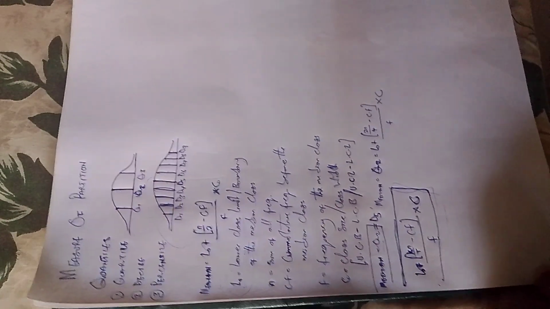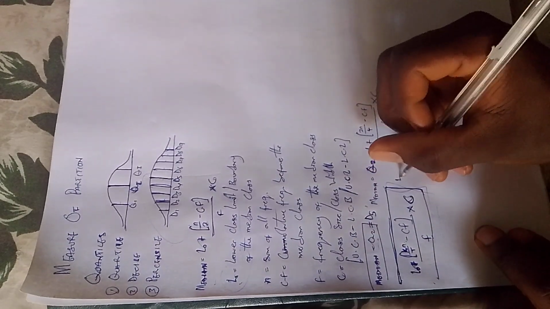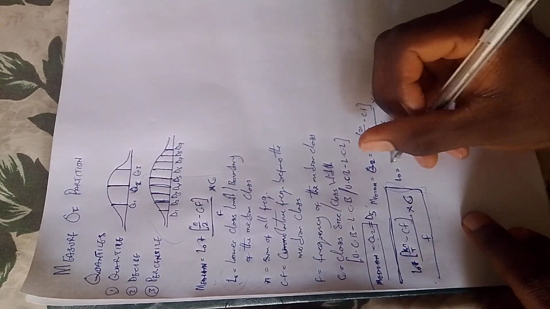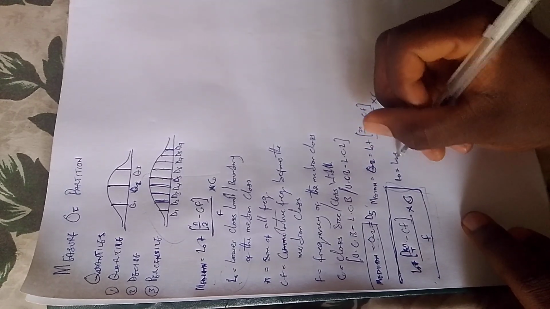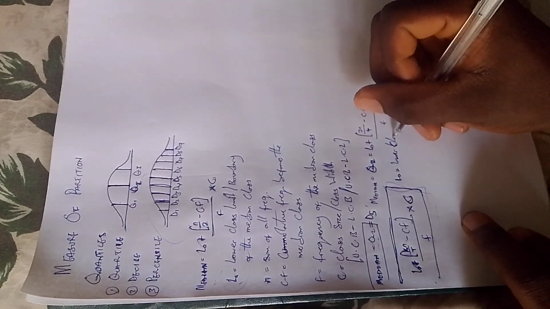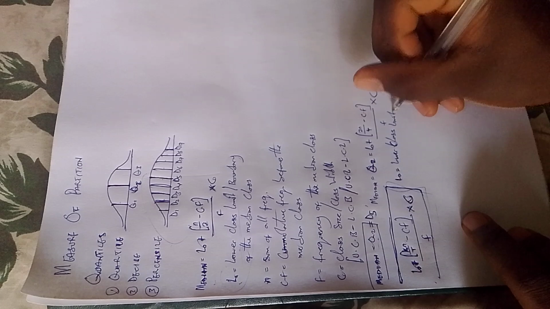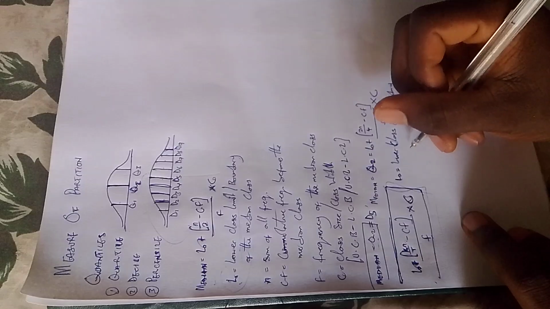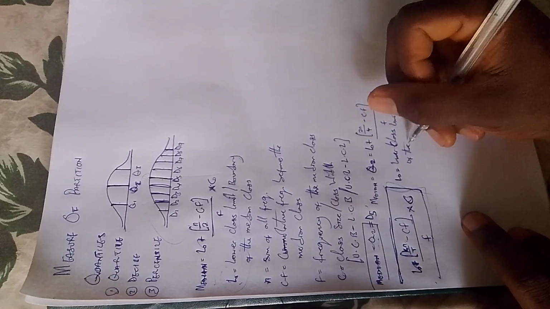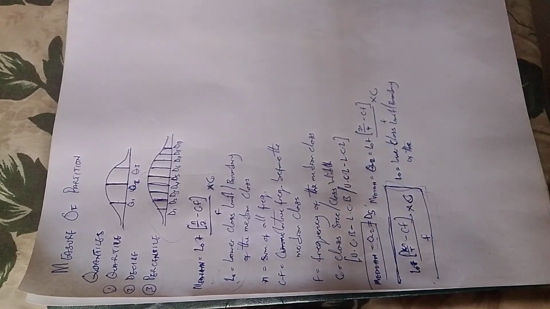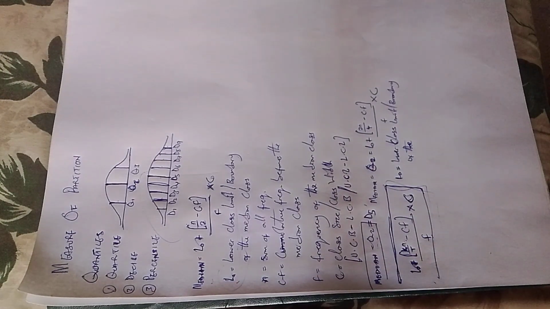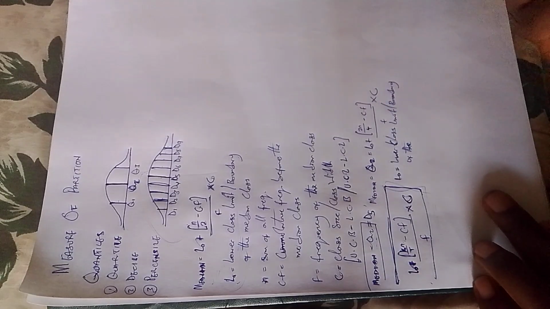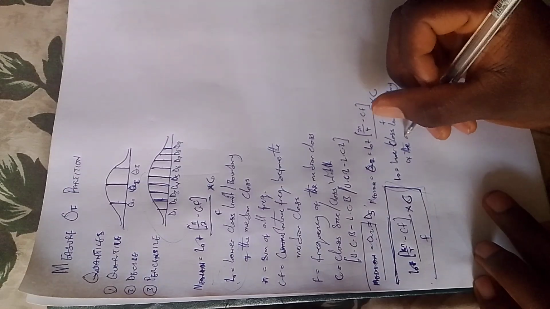Now let me explain my parameters. Your L naught in this case is the lower class limit or boundary of, now we will not call it the median class, we will call it by the general name, the quantile class.